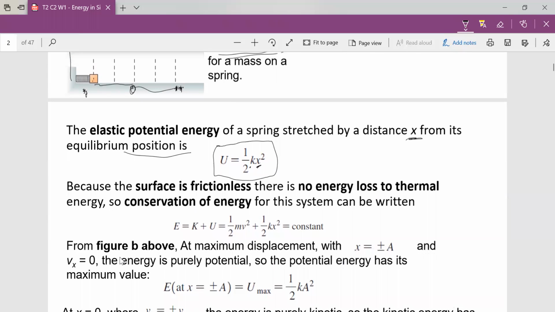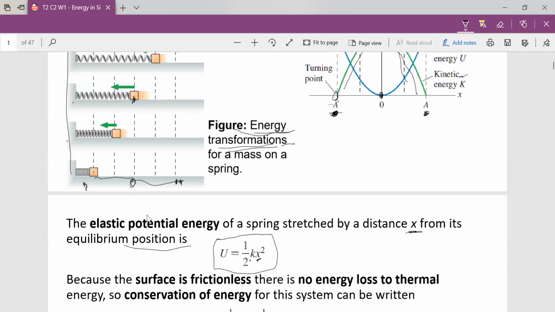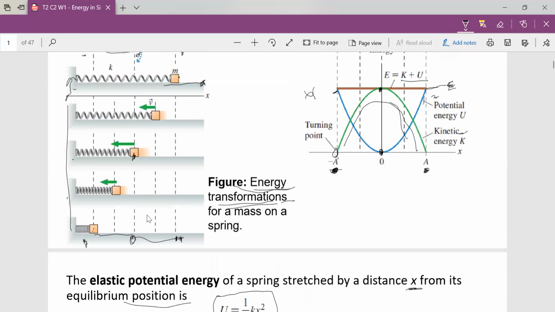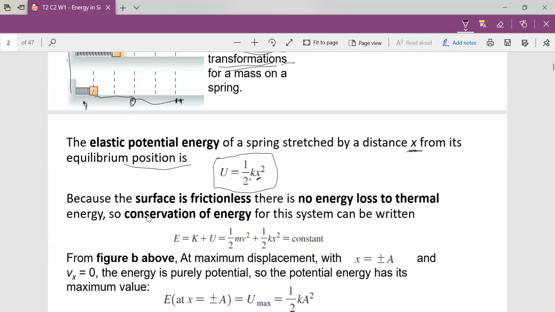Because the mass in the image we are looking at is moving on a frictionless surface, we don't have any loss of energy to thermal energy, so the total energy of the system is conserved.